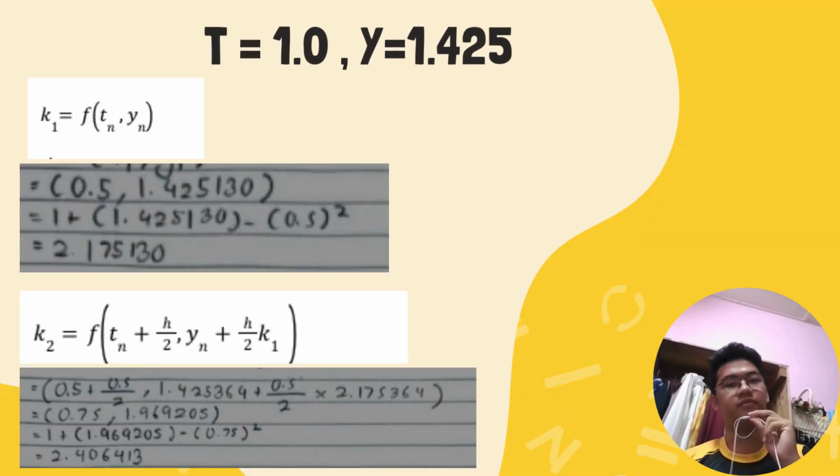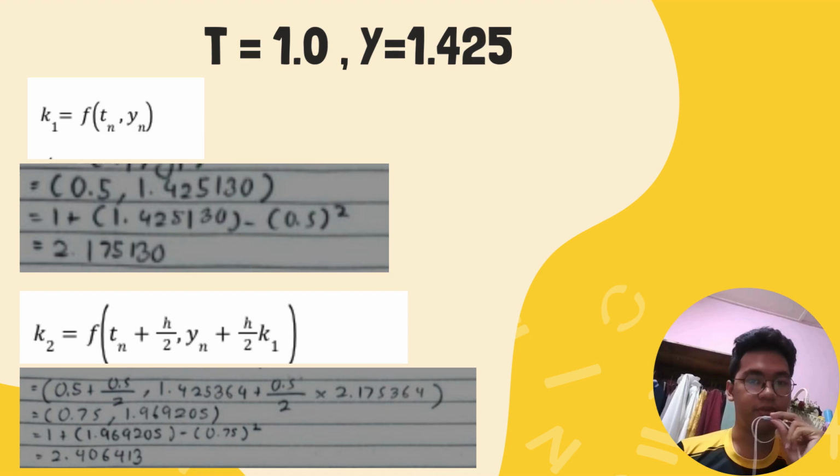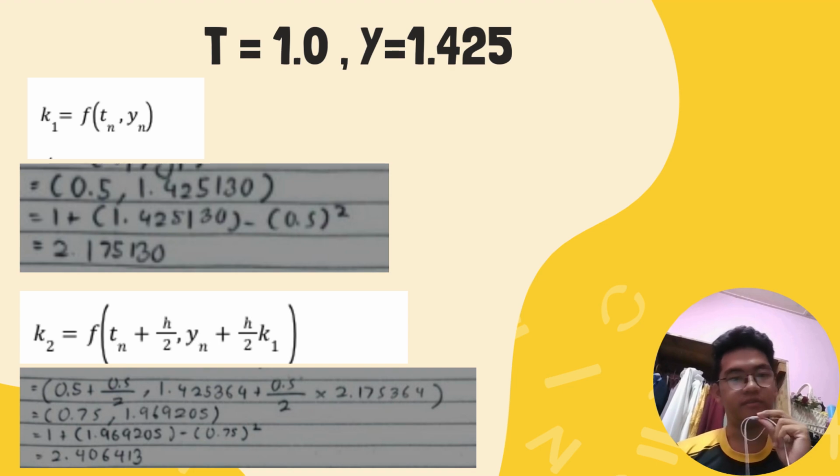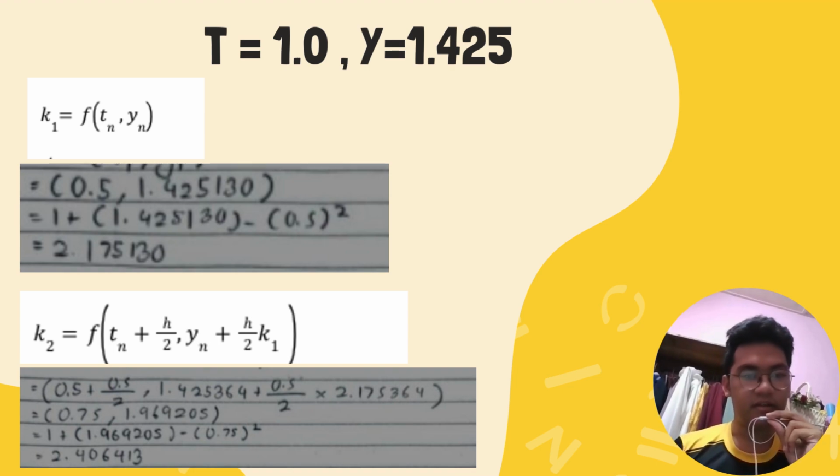Okay, moving on to t equal to 1.0 and the previous y1 that is 1.42513. We can substitute the value into the first equation, that is 1 plus 1.42513 minus 0.5 squared. Then we get a value of 2.17513.